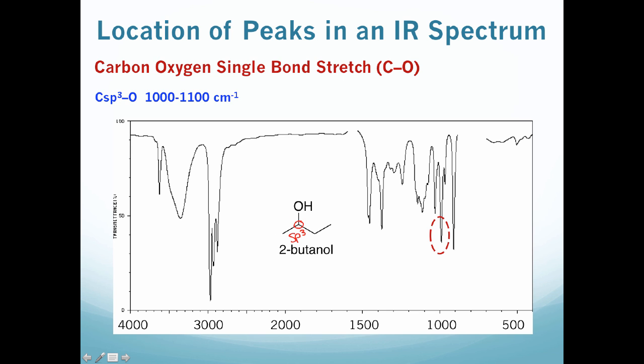So if we consider this carbon-oxygen single bond stretch here, we would expect to see that between 1000 and 1100 wave numbers. Well, here we see this signal right around 1000 wave numbers. That corresponds to this carbon-oxygen single bond stretch, and that is very diagnostic.